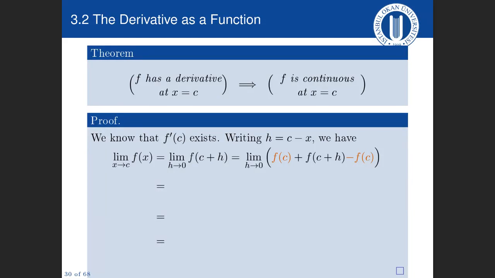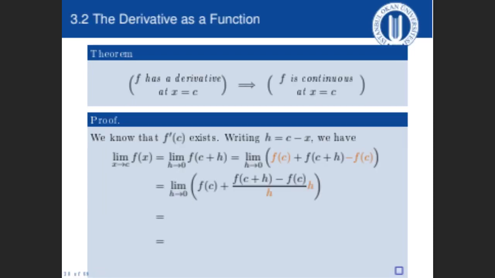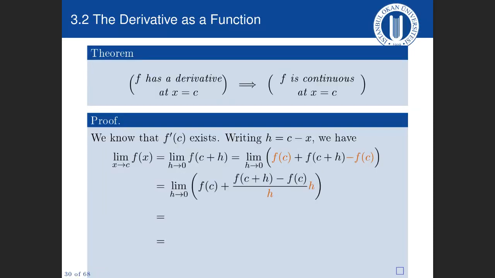So to achieve that, I'm doing plus f of c minus f of c. No change so far. Then I'm going to multiply by h and divide by h. Again, no change so far. We're doing the limit as h tends to 0, so it's okay to assume that h is a small number, but always h is not equal to 0.